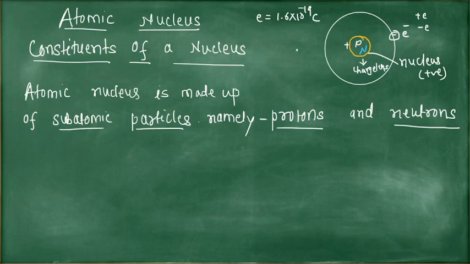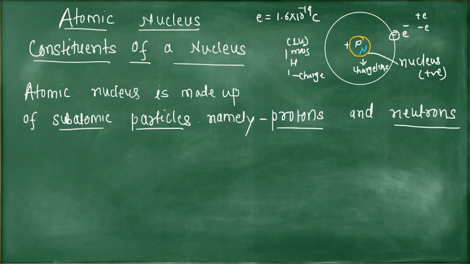Sometimes the proton is shown by a symbol, just like the hydrogen nucleus. This indicates charge, and the 1 is the mass. It is actually 1 u, 1 atomic mass unit.